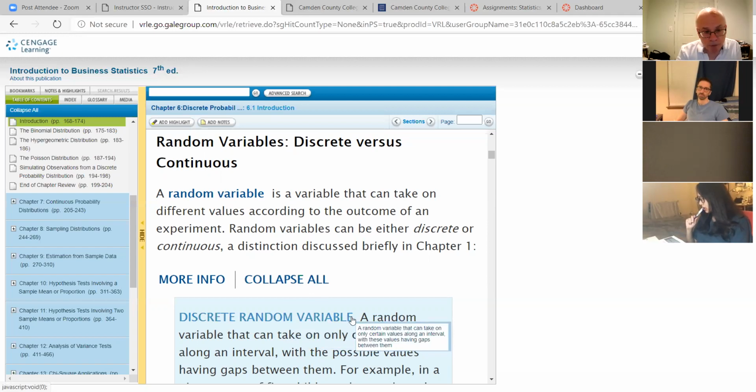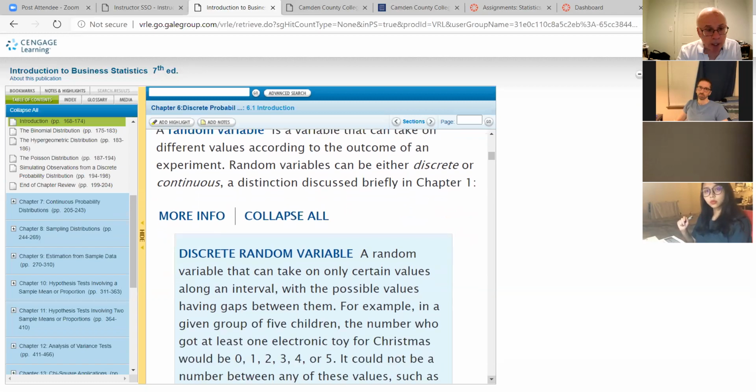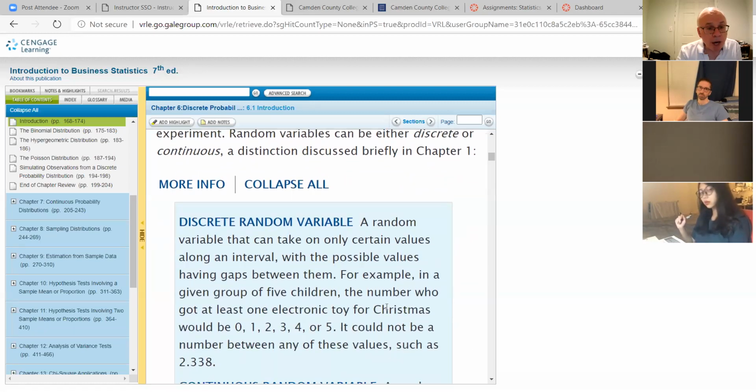So for a discrete random variable, for example, in a given group of 5 children, the number who got at least 1 electronic toy for Christmas would be 0 up to 5, right? Assuming they only got 1 toy apiece as a possibility. So either none of the 5 children got an electronic toy, or 1 of the 5 did, or 2 of them did, 3, 4, or 5.